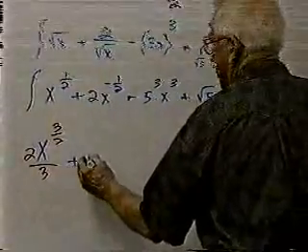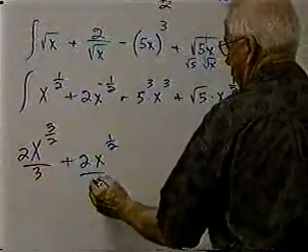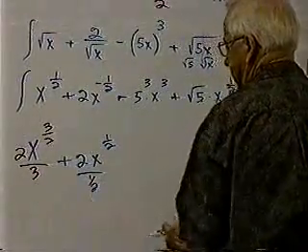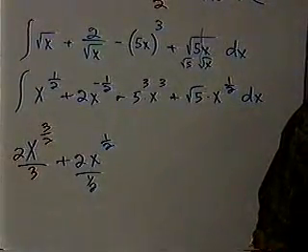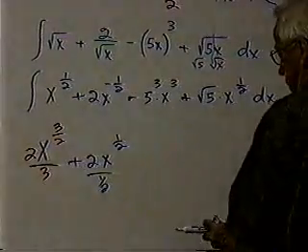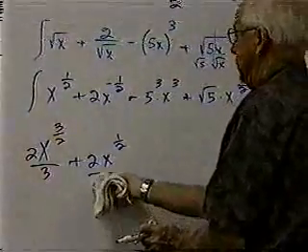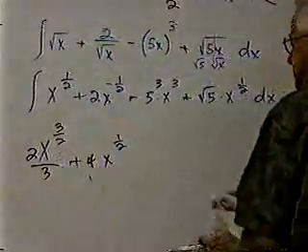And this is plus 2, x to the plus 1/2 over 1/2. Right? But what that ends up doing then is inverting and multiplying, and you will see a 4 up here.